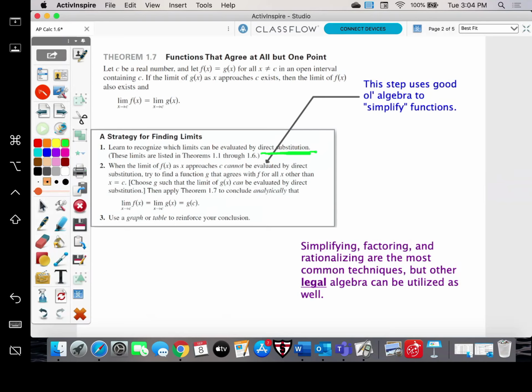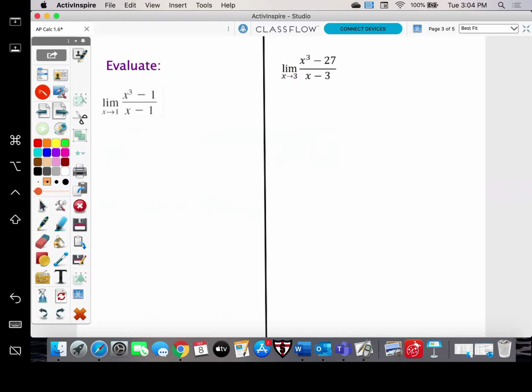It's more common in calculus to rationalize the numerator than the denominator, so be on the lookout for that. And very last resort, number 3, says use a table. Only in the worst case scenario, when we can't do anything else, do you want to go to a table, because they are very tedious.